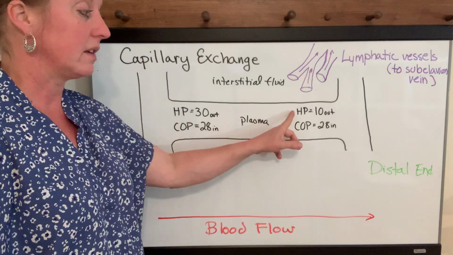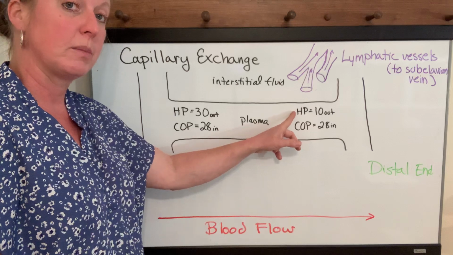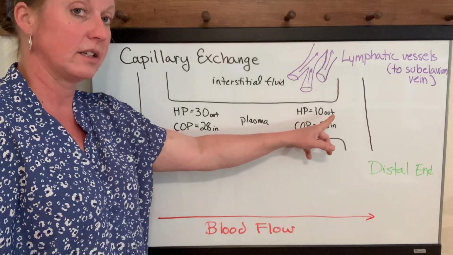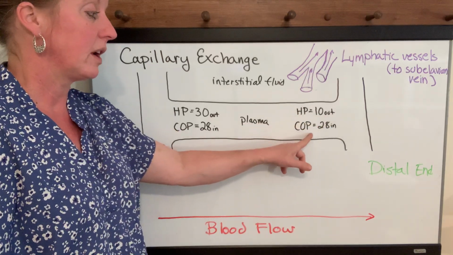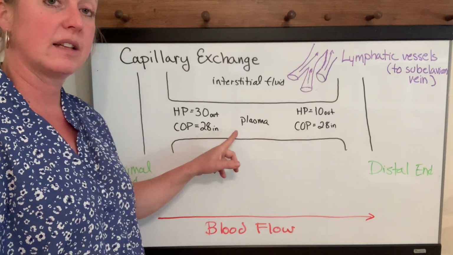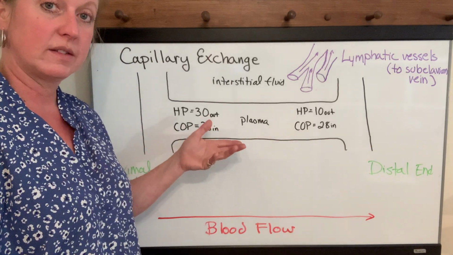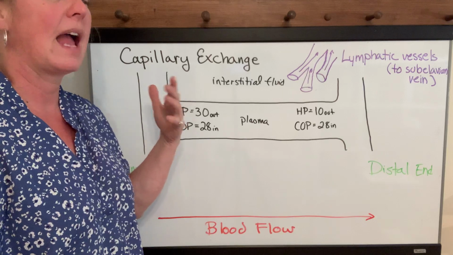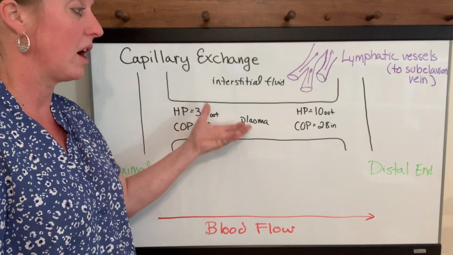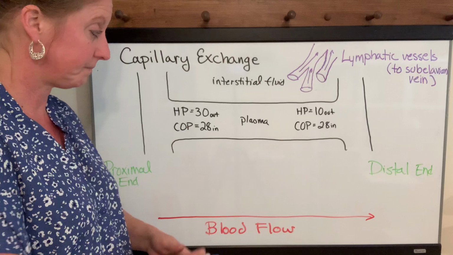You'll notice that these numbers, or at least the hydrostatic pressure number, changes as we move to the distal end of the capillary. But the colloid-oncotic pressure does not change, and that's because the things that account for the colloid-oncotic pressure are not going to be leaving the capillary.